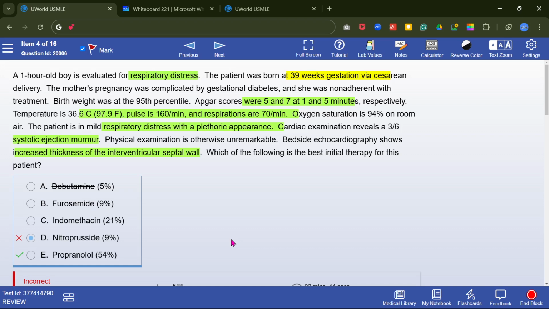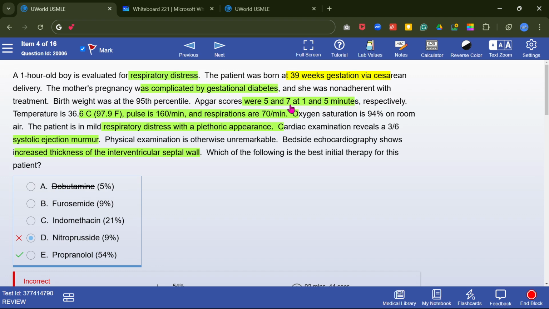Cardiac examination shows a 3 by 6 ejection systolic murmur. Physical examination is otherwise unremarkable. Bedside echo shows increased thickness of the interventricular septal wall.